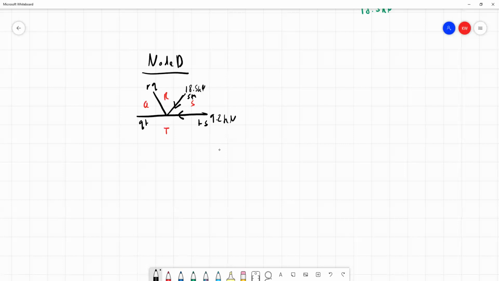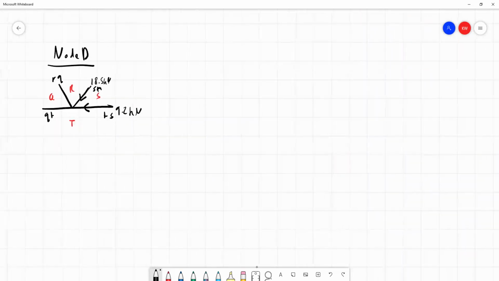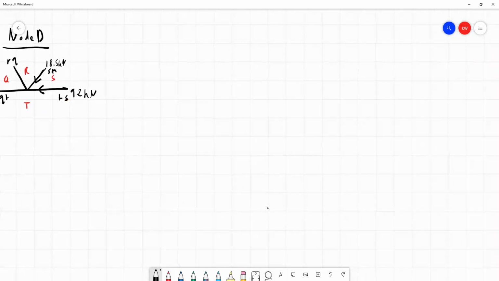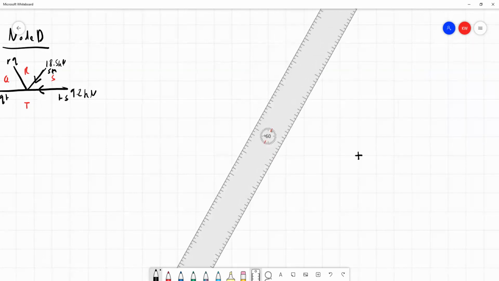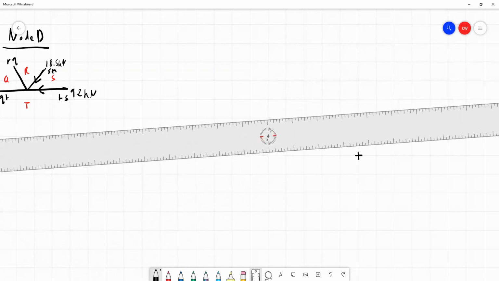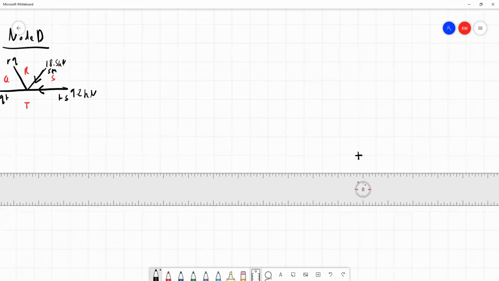So let's start off by drawing in vector TS. Now vector TS is horizontal and it's acting to the left. So we'll start off with a cross here, and I've got to be careful where this diagram goes, because I know it comes back in itself because of the two horizontal vectors. But we'll start here and we'll try to draw a vector that's 9.2 kilonewtons in length.